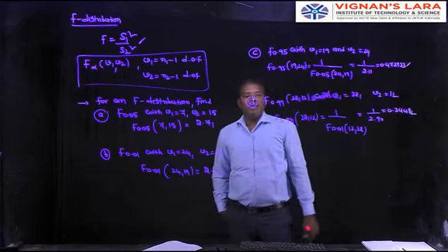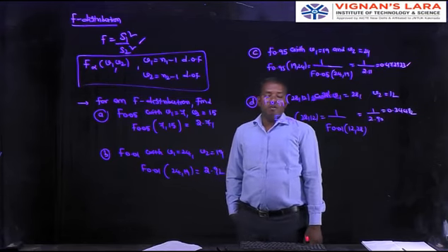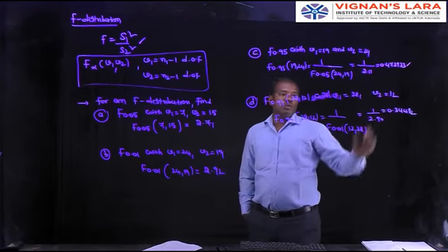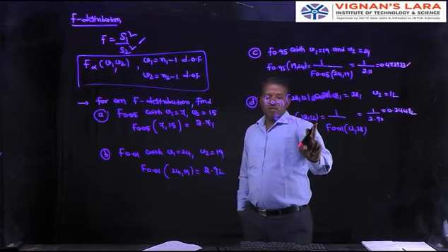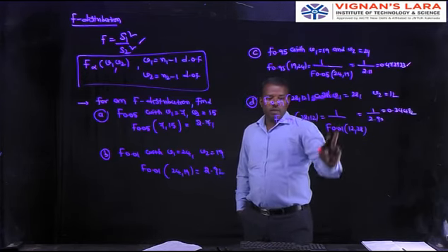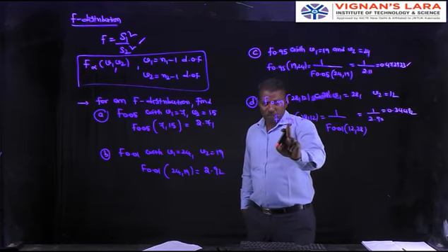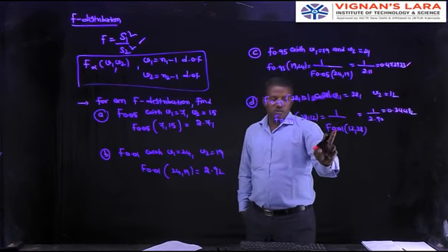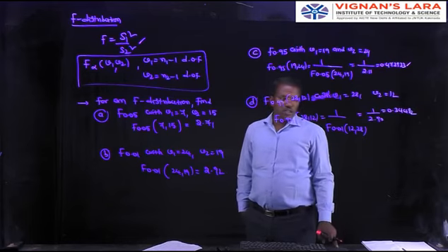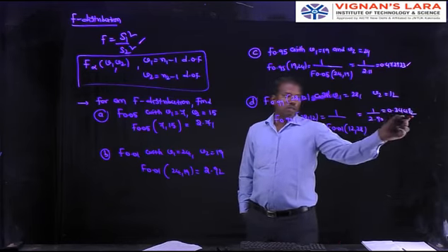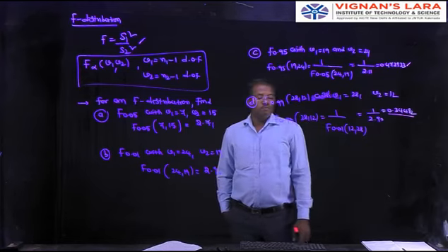F suffix 0.99, 28 comma 12, with V1 28, V2 12, is 1 by F 0.01, since 1 minus 0.99 is 0.01. The reciprocal of 12 comma 28 is 1 by 2.90, that is 0.34482.